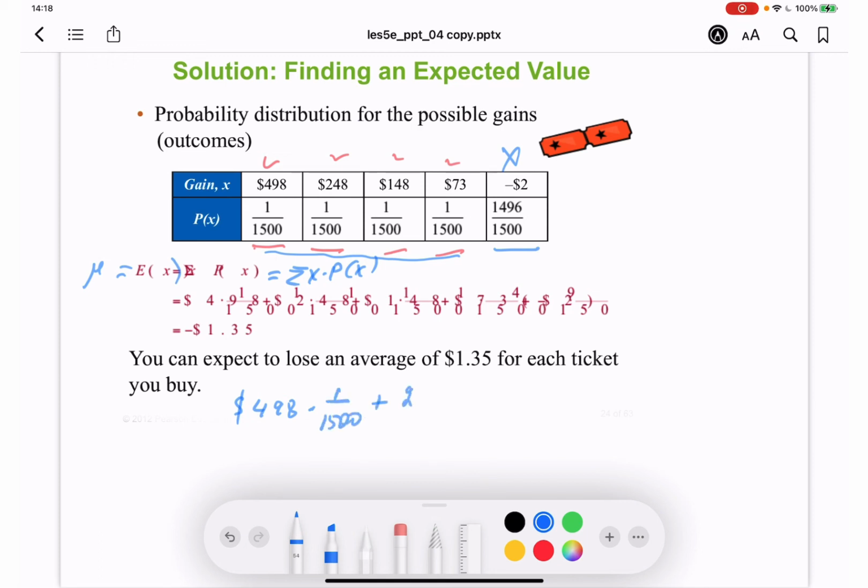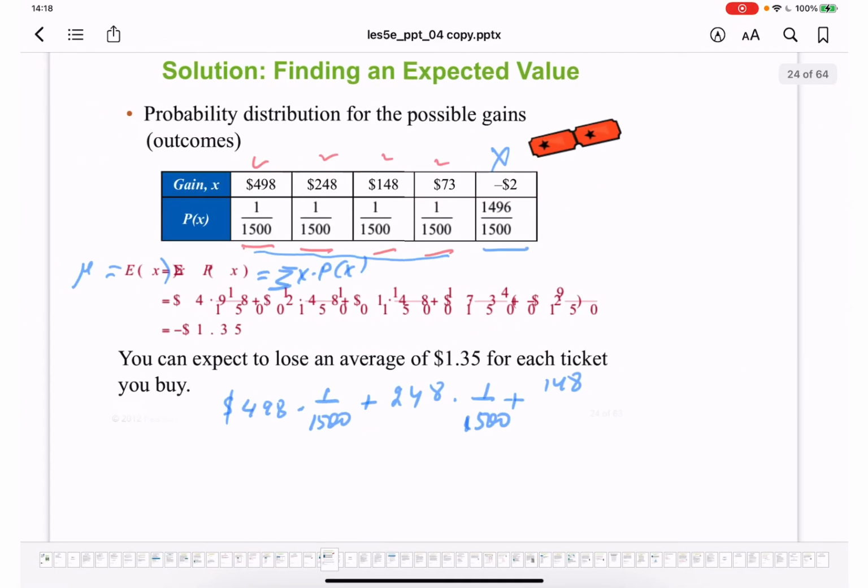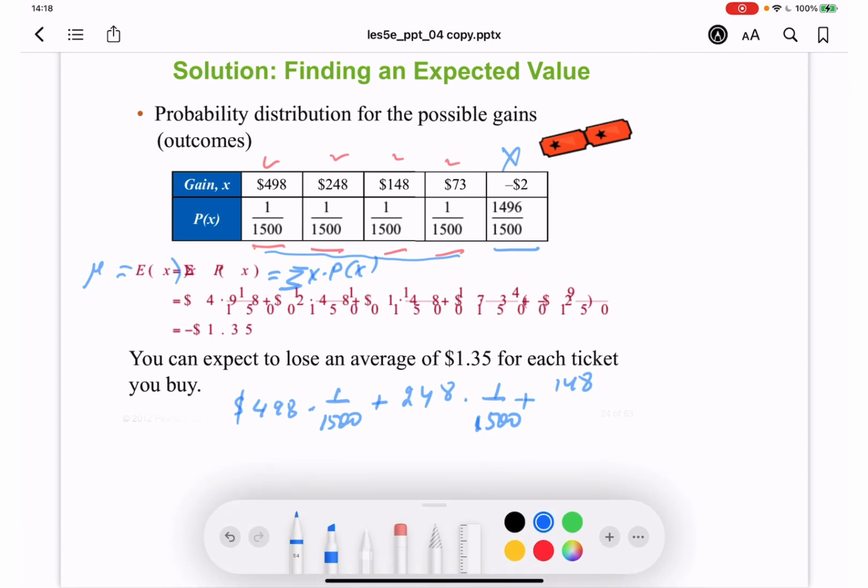Next, another one, 248, because we have to add them, it's a sum. 248 times 1 over 1500 plus 148 times 1 out of 1500 plus 73 times 1 out of 1500, and minus, because we have negative 2, minus 2 times 1496 over 1500.